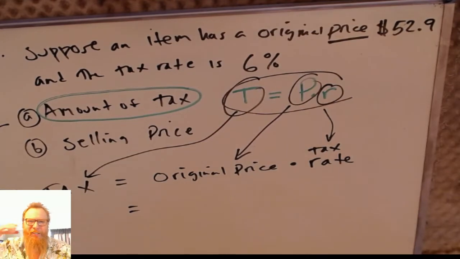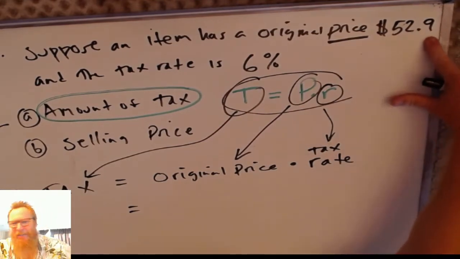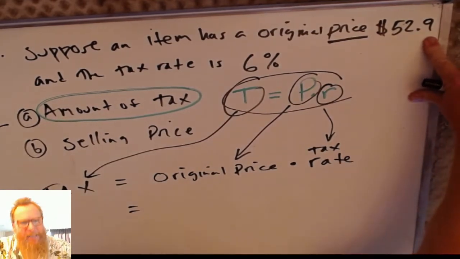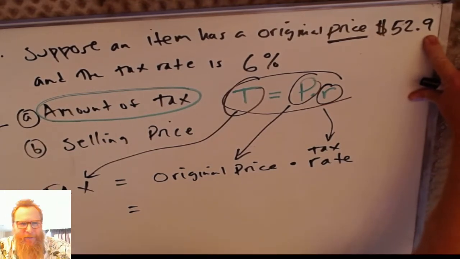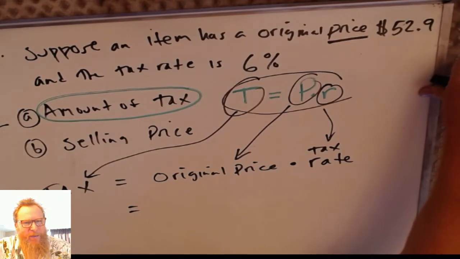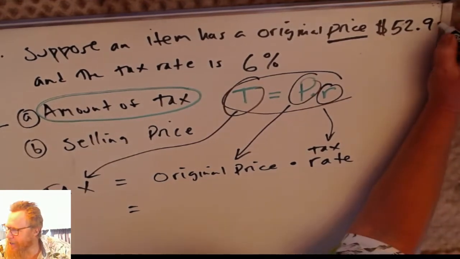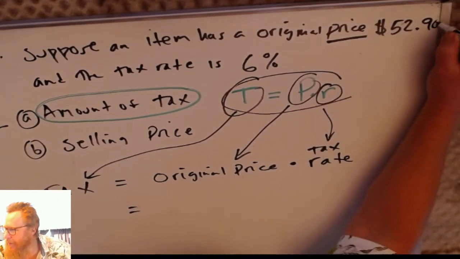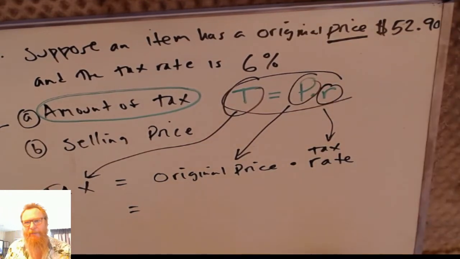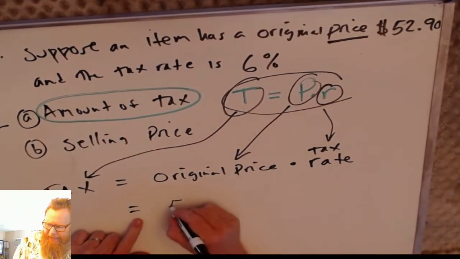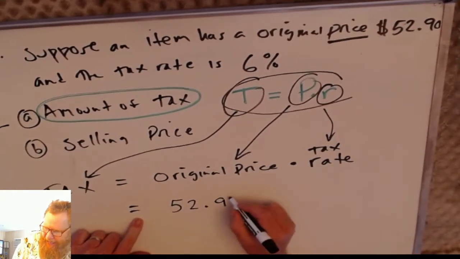I think I mentioned this before, if you have something that's like 70 cents or 80 cents or 90 cents, anything that ends in a zero, the computer automatically throws away that extra zero. If you saw it on the shelf, there'd be a zero here at the end. So the original price is 52.9.